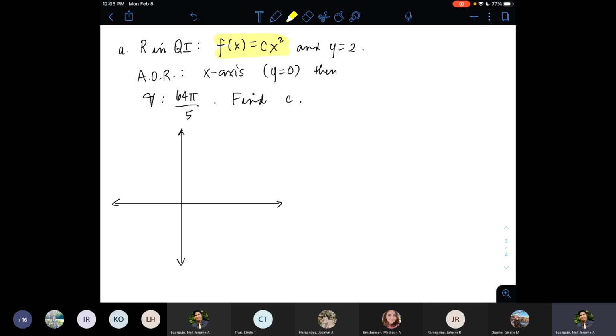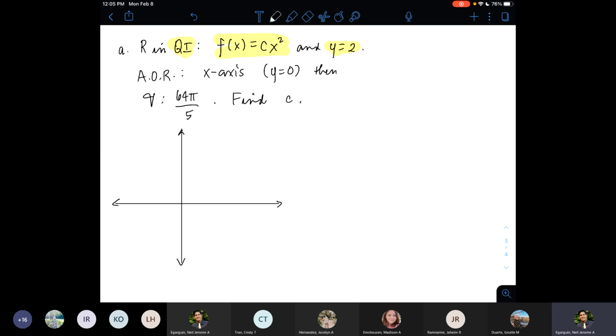But another clue from the problem is that we will be dealing with a region in the first quadrant and bounded by y equals 2. So that means it will not make sense if the parabola is opening downward, because then there would be portions of the region in the fourth quadrant. So I'm imagining the problem's intention is to let us know that the parabola is opening upward so that we will have a well-constructed region in the first quadrant.